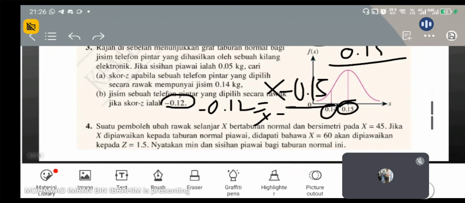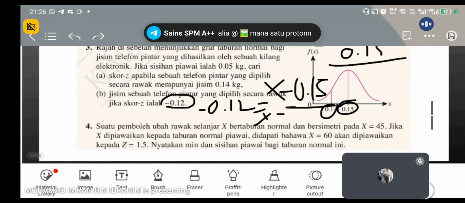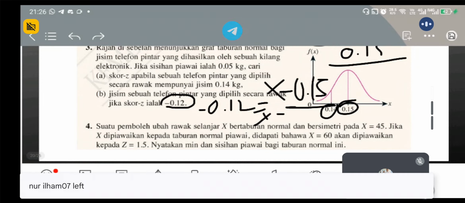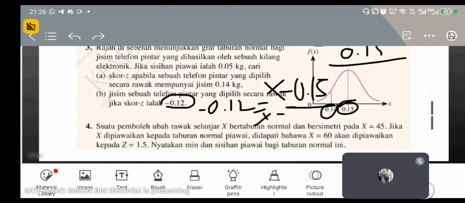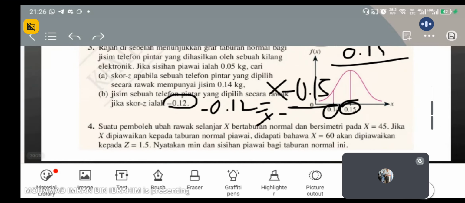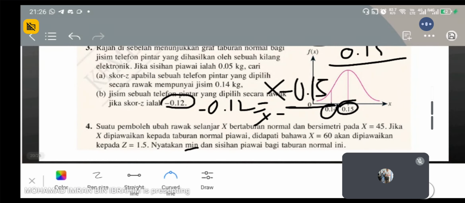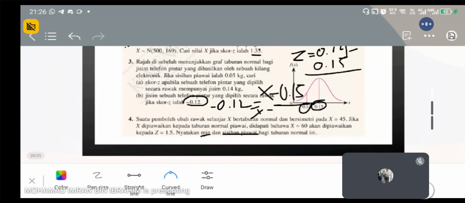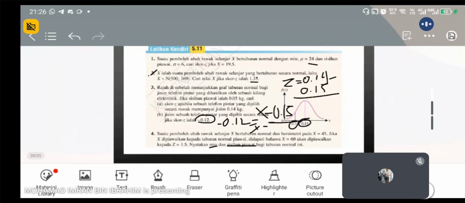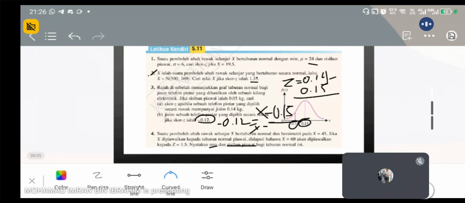Jika X dipiawaikan kepada taburan normal piawai, didapati bahawa X sama dengan 60 akan dipiawaikan kepada Z sama dengan 1.5. Nyatakan min dan sisihan piawai bagi taburan normal ini. Alright, they're asking what? Mean dan sisihan piawai.